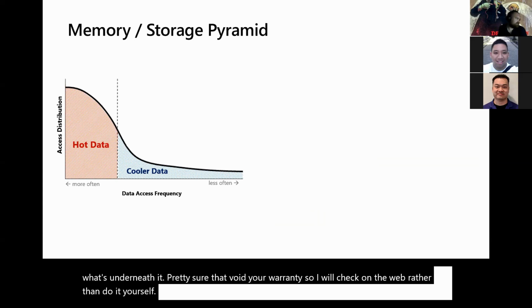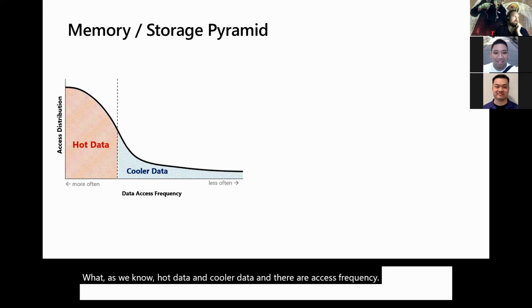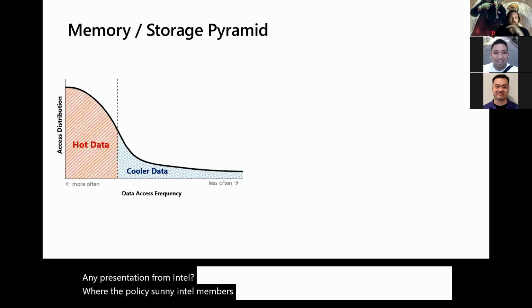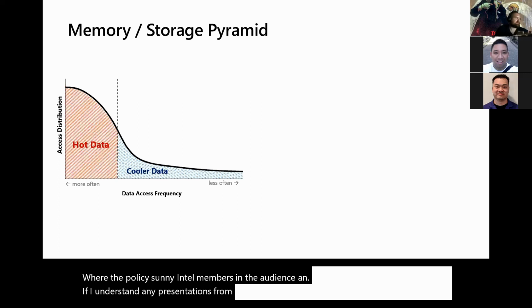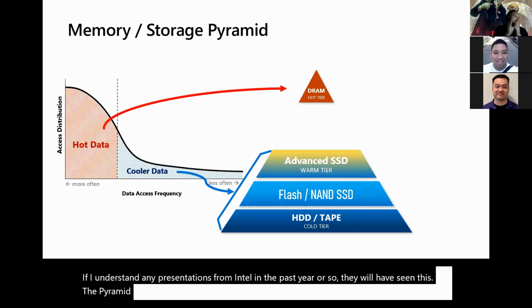So as we know, hot data and cooler data and our access frequency. This is going to lead up to, if anyone has seen any presentation from Intel in the past year or so, with apologies to any Intel members in the audience, they will have seen this pyramid of storage.